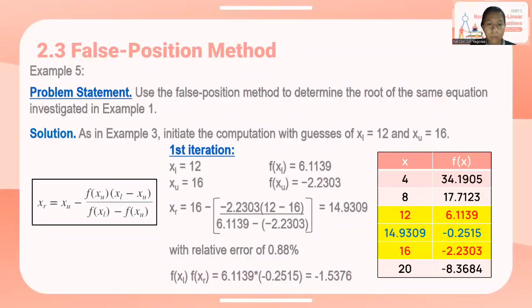For the relative error, we computed using the true root, which is 14.8011.